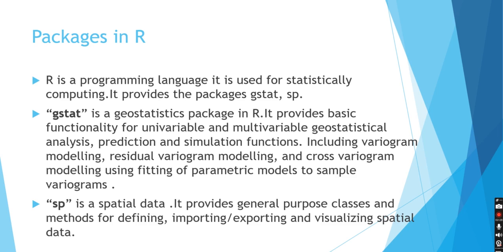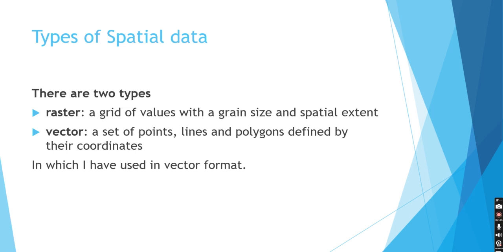In that there are models we have used. sp is for spatial data, in the point state. It provides general purpose classes and methods for defining, importing, exporting and visualizing spatial data. There are two types of spatial data: raster and vector. Raster is a grid of values with a grain size and spatial extent.